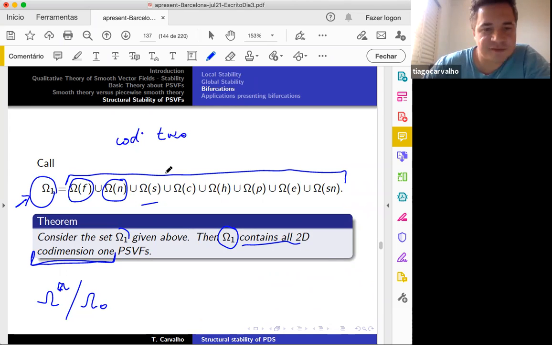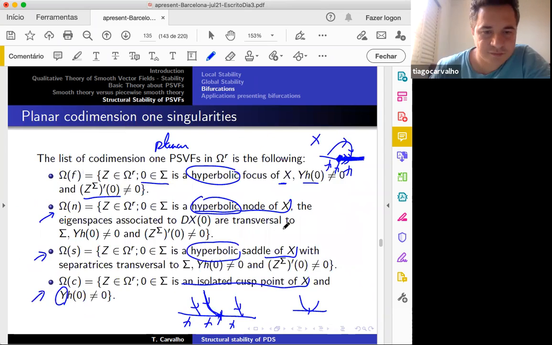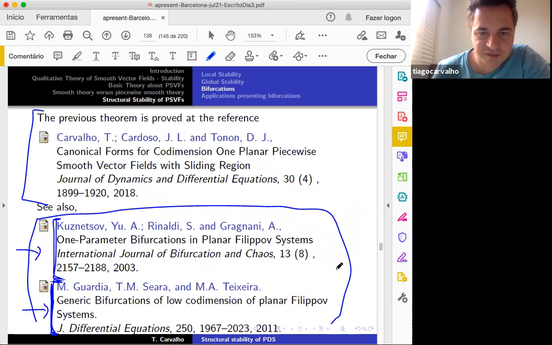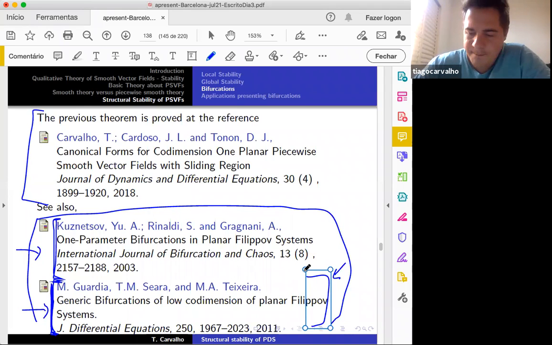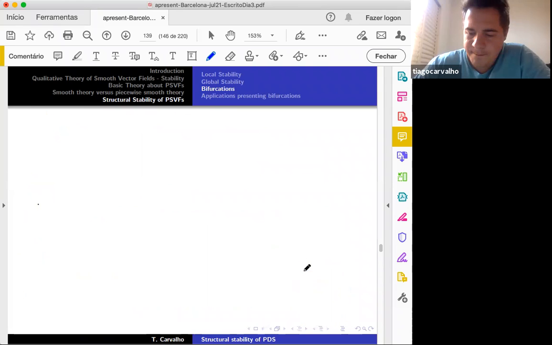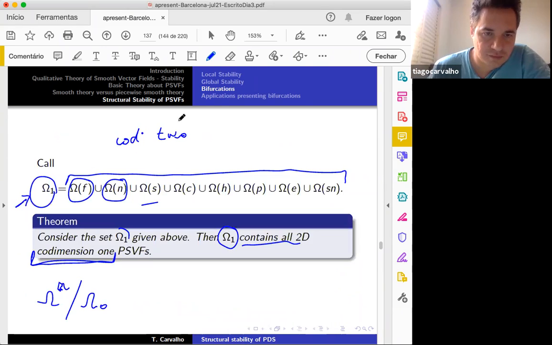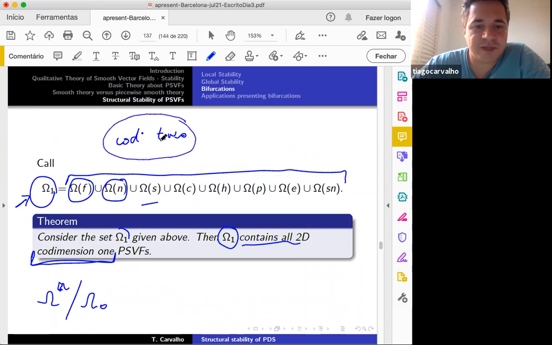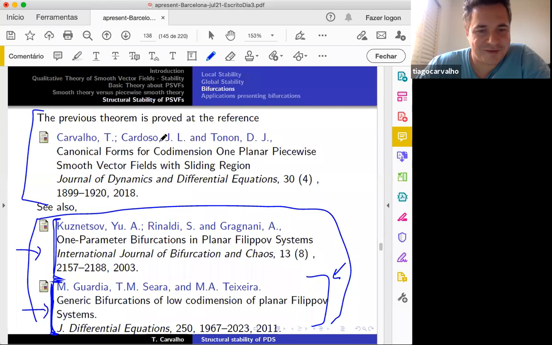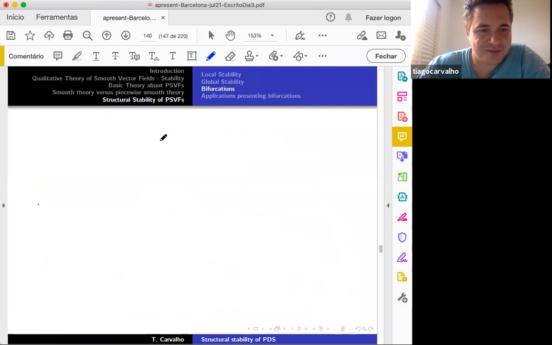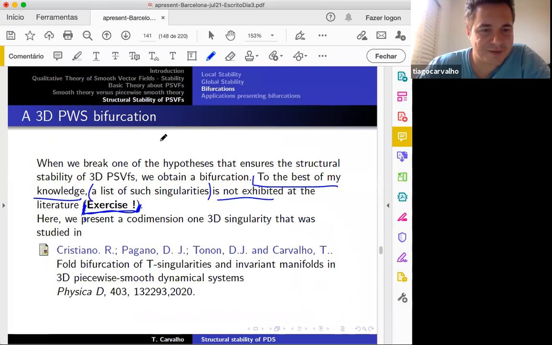In this paper here there are some cases, and there are some other cases in the literature, but there isn't, to the best of my knowledge, a list of codimension two piecewise smooth vector fields in the plane. So this is an exercise for you too. You have 3 days to do it.